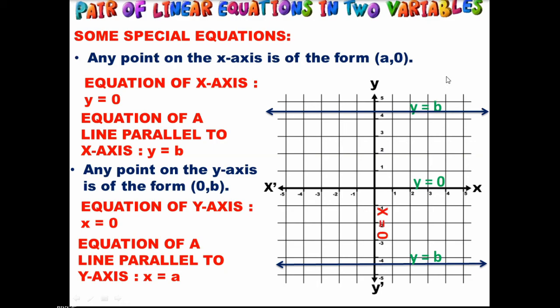Similarly, the equation of the y-axis is x equals 0, and any line parallel to the y-axis, either in positive direction or in negative direction, has the equation x equal to a, where a is the point through which the line passes. So y equals 0, y equals b, x equals 0, x equals a. These are some special equations that you should always remember.